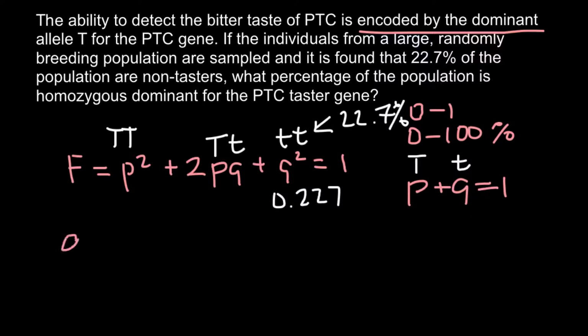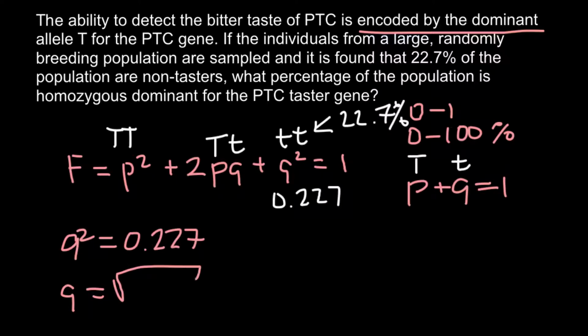So if q squared equals 0.227, then q equals the square root of 0.227, which equals 0.476.